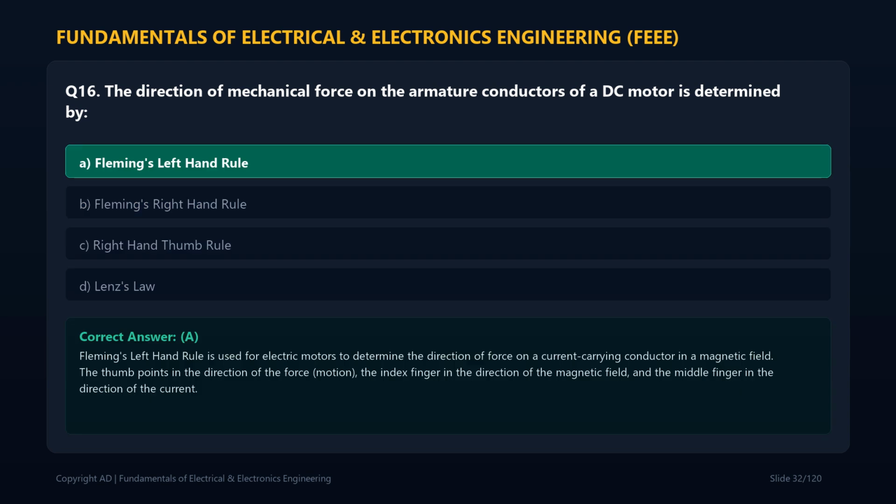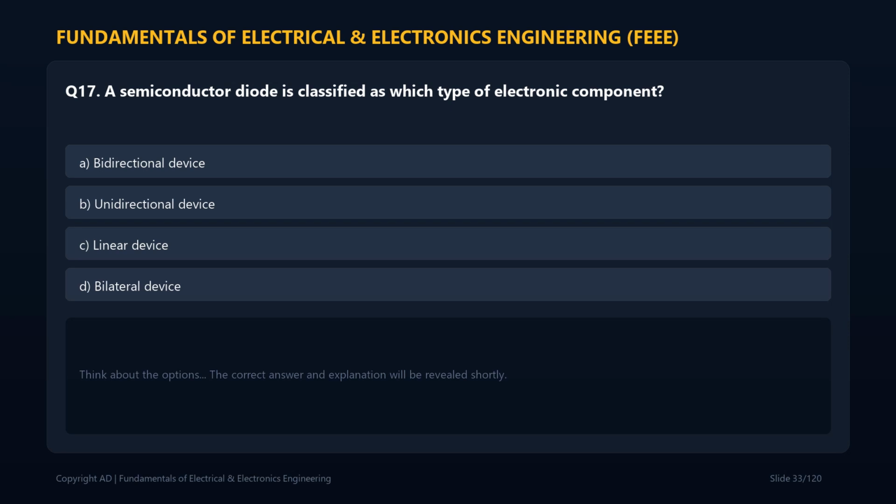The correct answer is A, Fleming's left-hand rule. For motors, Fleming's left-hand rule determines the direction of electromagnetic force, where the thumb represents motion, index represents field, and middle represents current.